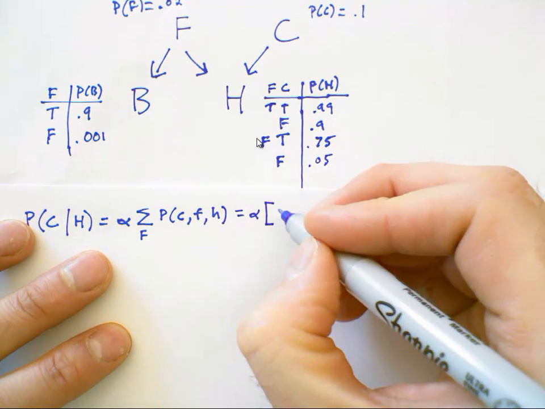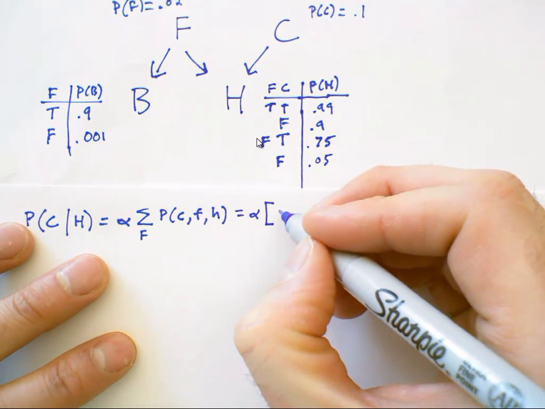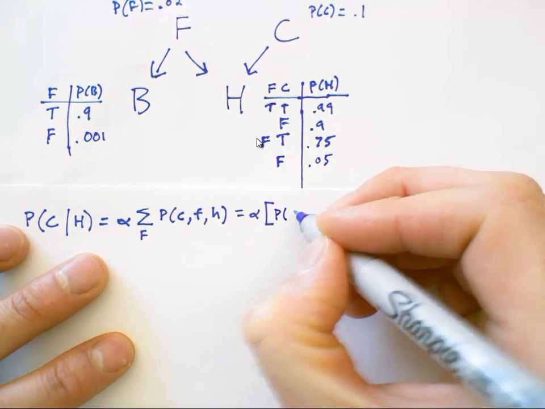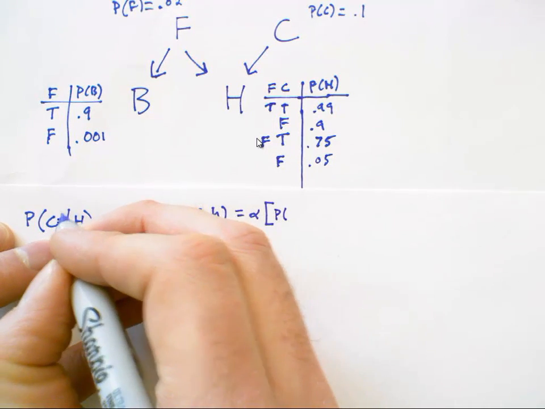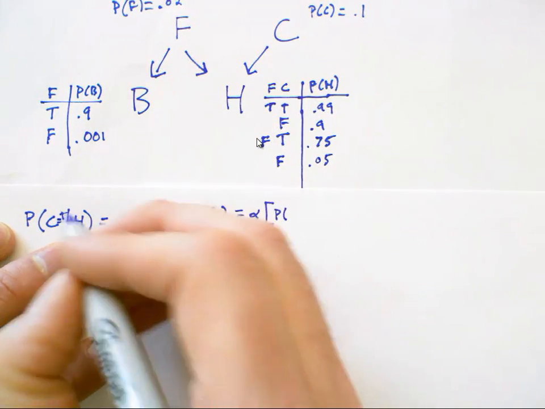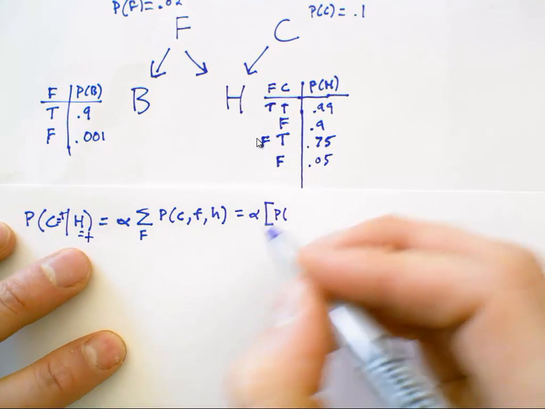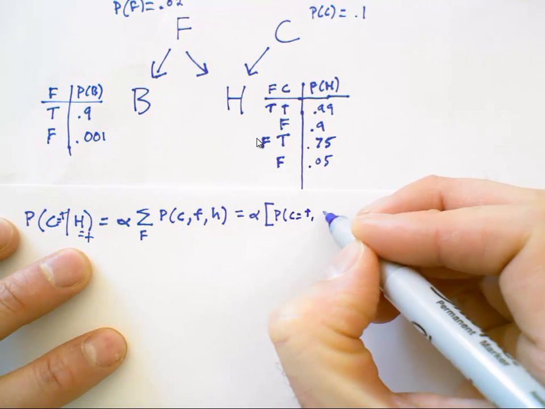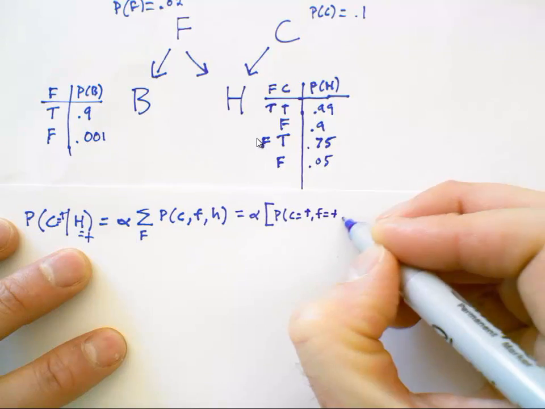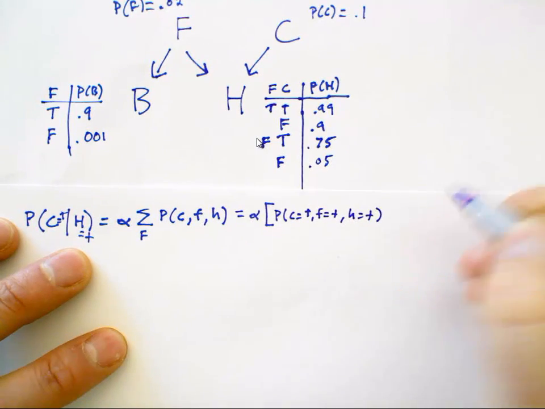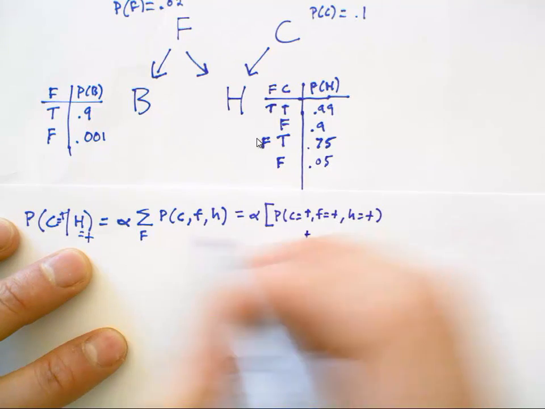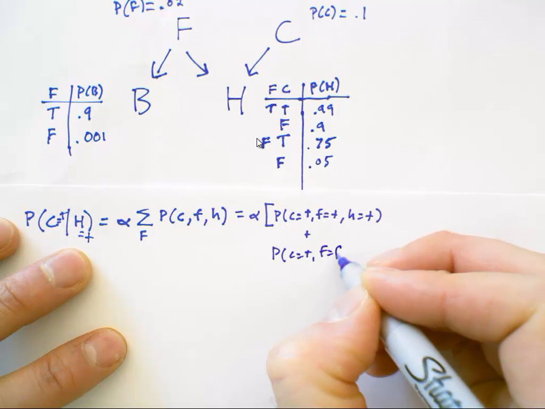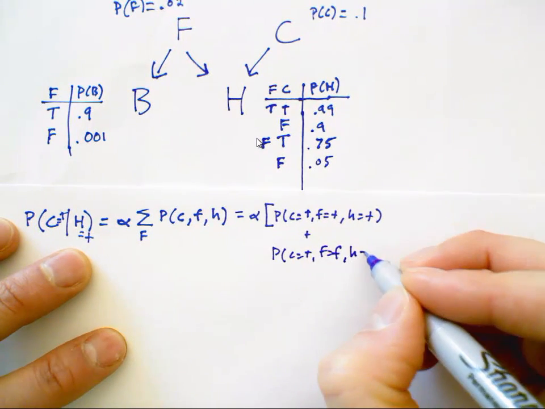And right now we're going to do the F equals true case. So it's the probability that C is true, F is true, H is true, and headache was true. Plus, because we're summing over F, the probability that C equals true, F equals false, H equals true.